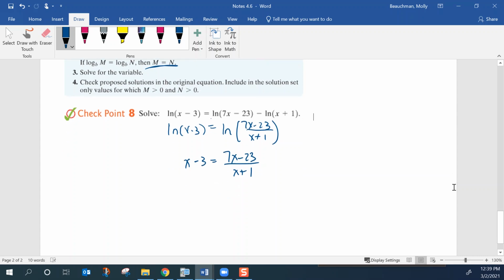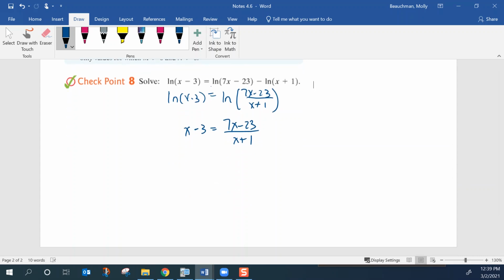Now that equation is no longer a logarithmic equation, now it's algebra. So what do we do? Multiply both sides by x plus 1, cross multiply. We get x minus 3 times x plus 1 is equal to 7x minus 23. Multiply out our expression, we get x squared minus 3x plus x minus 3 is equal to 7x minus 23.